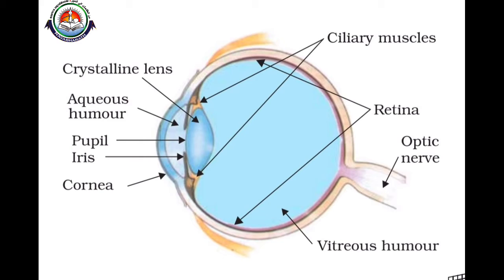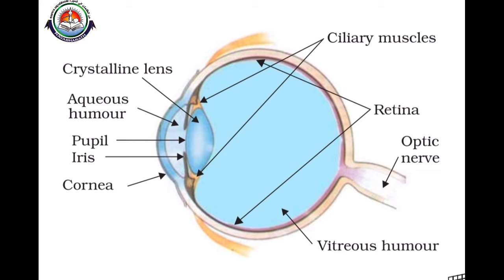The vitreous humor is filled between the eye lens and the retina, and keeps the retina in place by pressing it against the choroid.